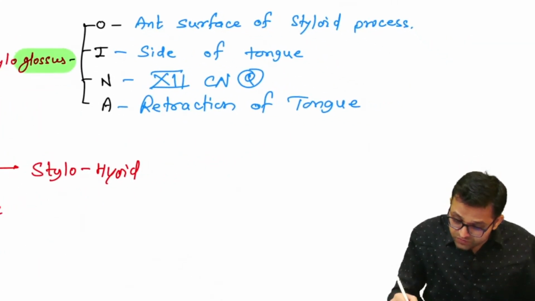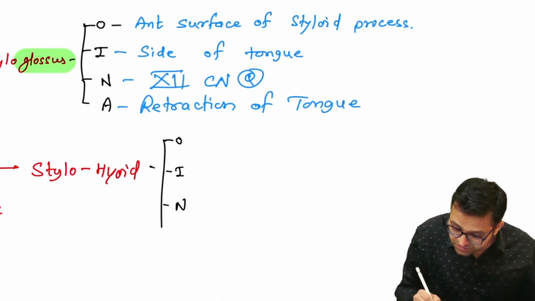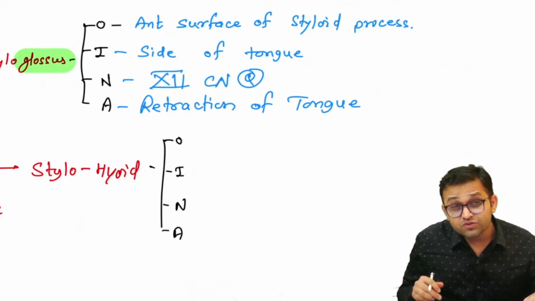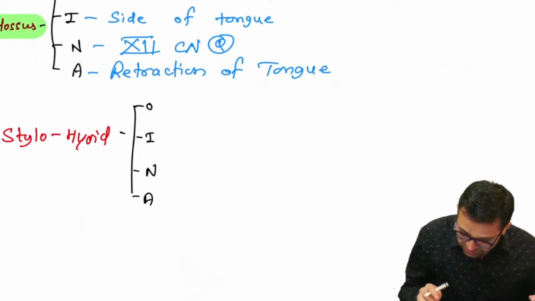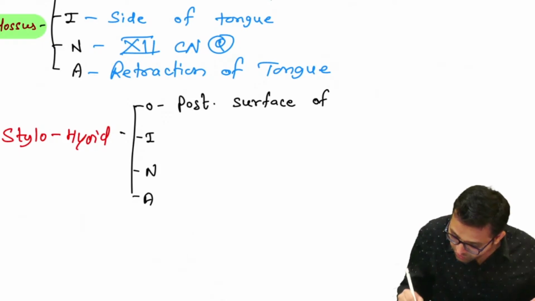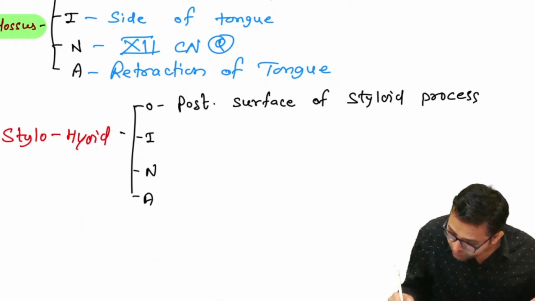What are the important points which you have to remember, sir? Origin, insertion, nerve supply, action. So I told you this muscle is taking origin from the posterior surface of what? Styloid process.